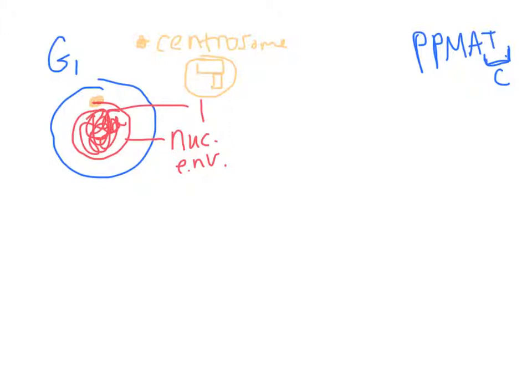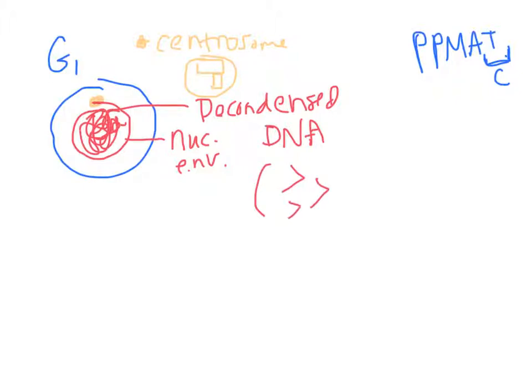We have decondensed DNA. And it's all the chromosomes. And each of the chromosomes, if we looked at them, each of them would look like this. So it's one chromosome. We could also draw it like that. So those are the 3 chromosomes. So at this point in the cell, we have 3 chromosomes.